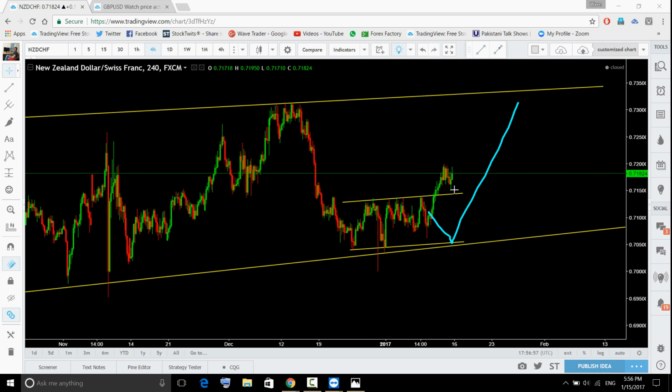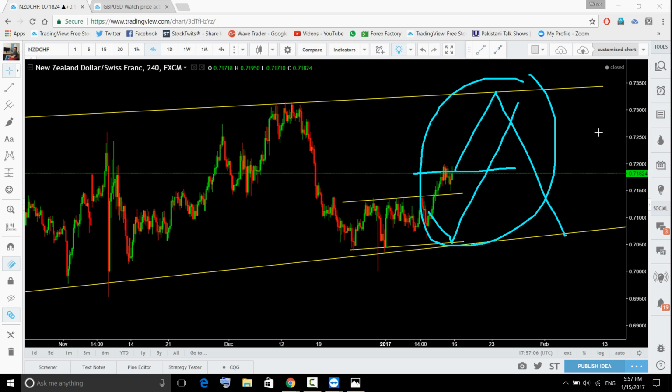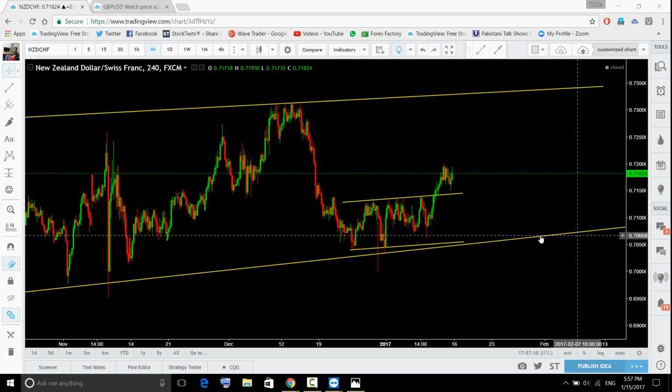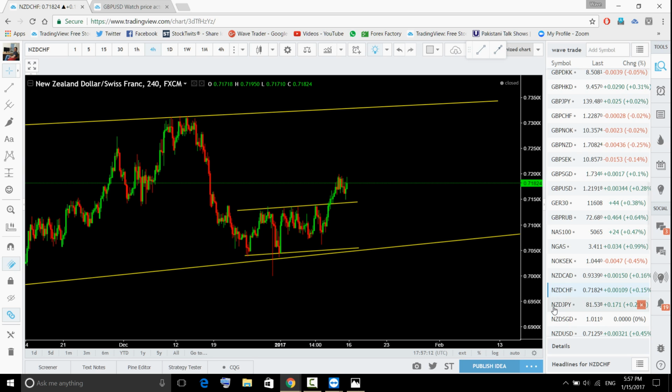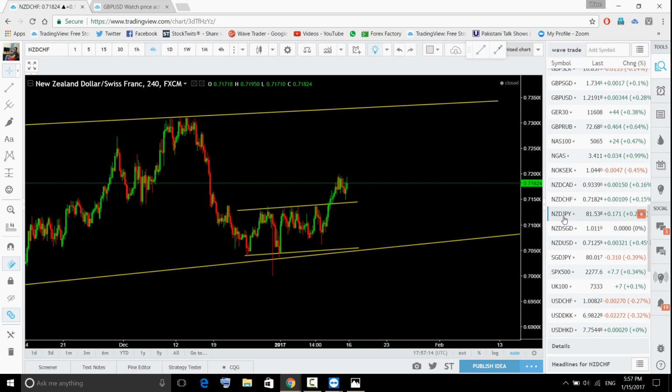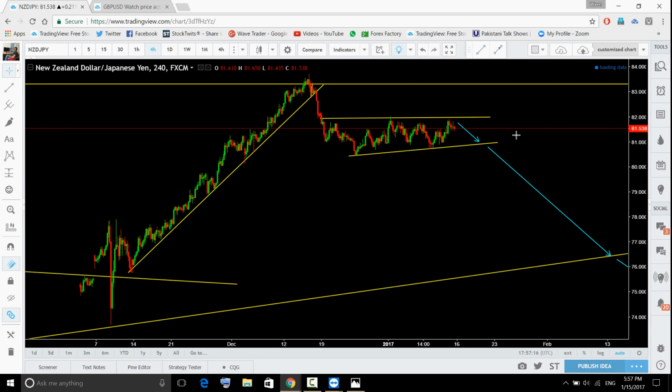It has already made 50% of the move. Once it hits the top, we will look for the move down. The trade is going to be ready.